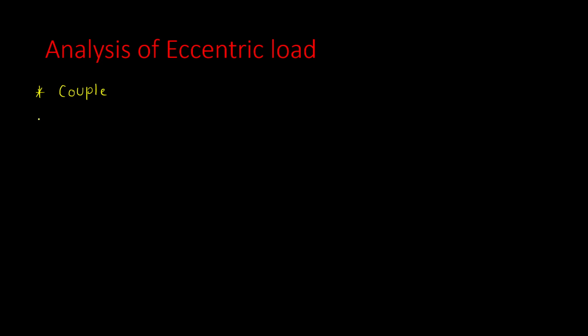So what is this couple? This couple has a few important points that we have to remember. That is, there are two equal forces. So how many forces are there? Two forces are there, and both forces are equal. Then the second property is they are opposite in direction.